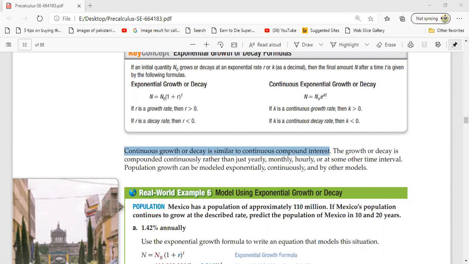Here you can see Mexico has a population of approximately 110 million, growing at a described rate of 1.42% annually. Then what will be its population after 10 years and 20 years? We have to calculate the population after 10 years and 20 years. So the formula used will be this one.